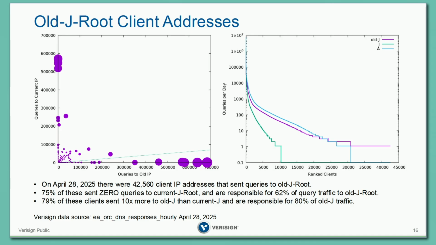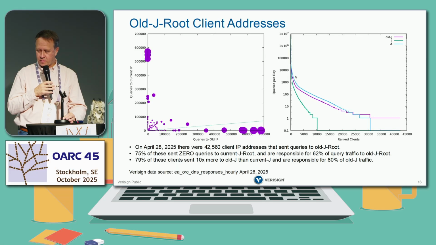And 75% of those, so about 30,000, sent 0 queries to the current address, the new address. And those were responsible for 62% of traffic to old JRoot. 80% of those old clients sent 10 times more to old JRoot than the current JRoot, and are responsible for 80% of the traffic.